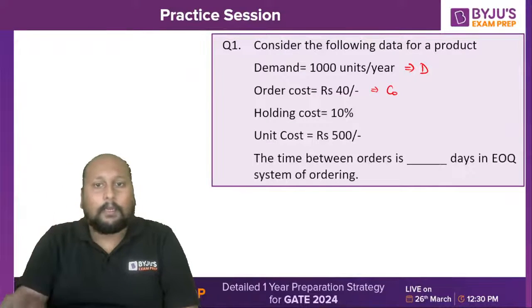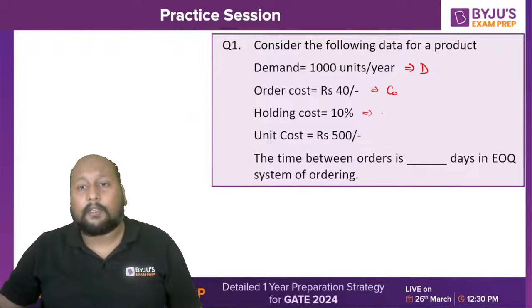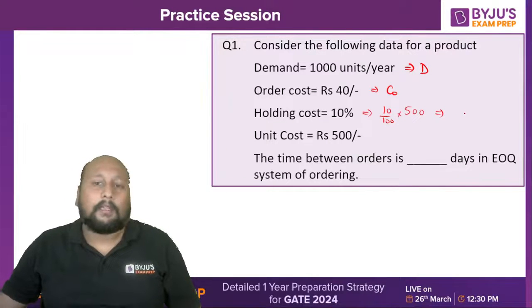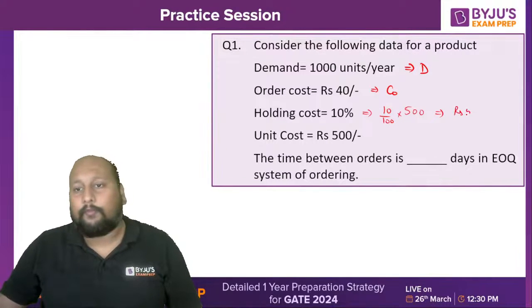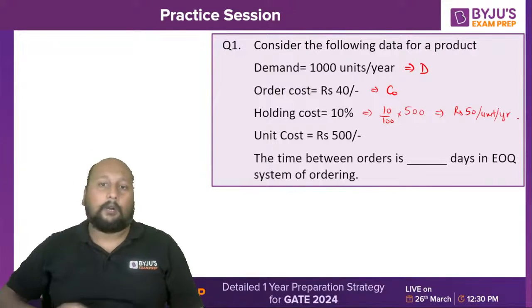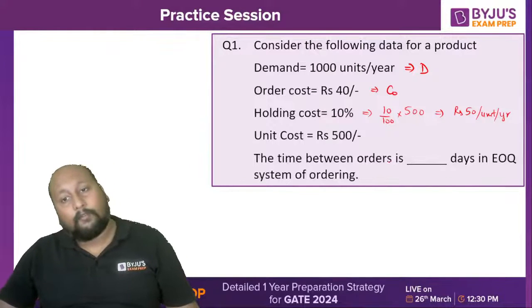Is this clear? Percentage of unit cost, right? So I can say it is 10% of unit cost, that is 10 by 100 into 500. That will be rupees 50 per unit per year. So the CH value that we get is 50 rupees.